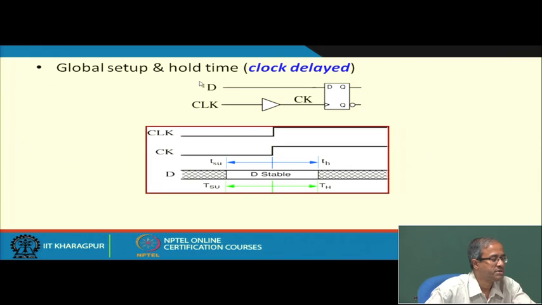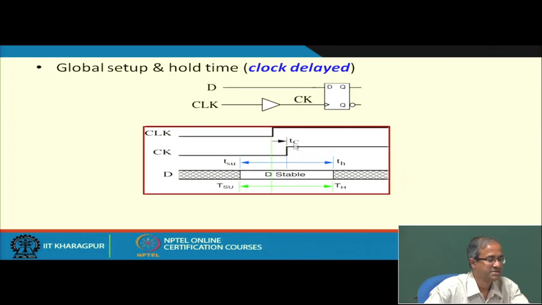For the input D also, this will be the setup time and hold time, but if this is delayed, this edge will move to the right. So, it will become like this, there will be a delay of Tc. What will happen, this D will get pushed here.